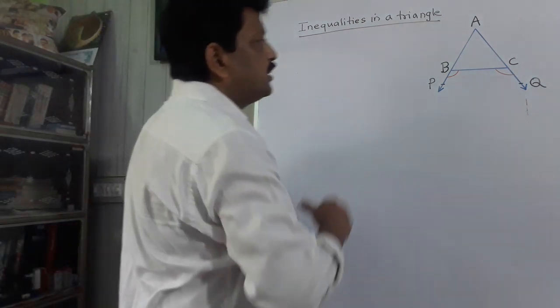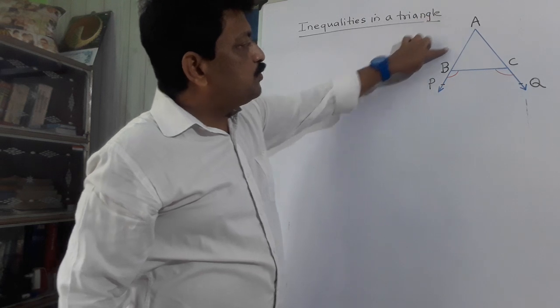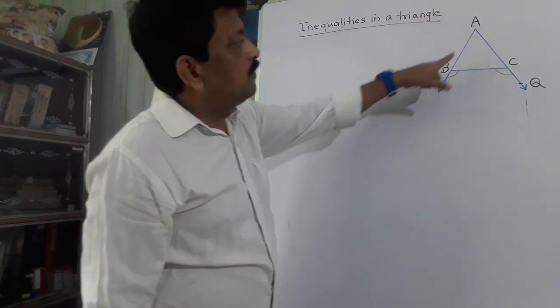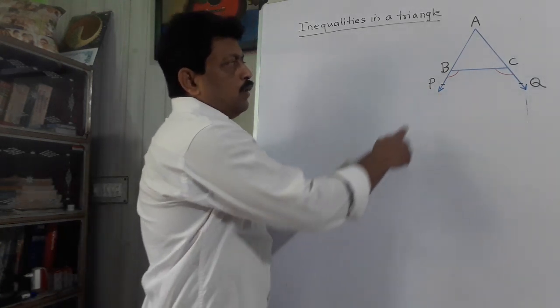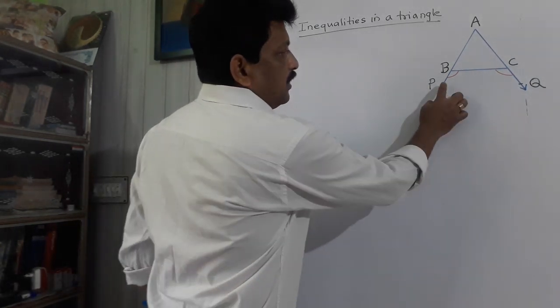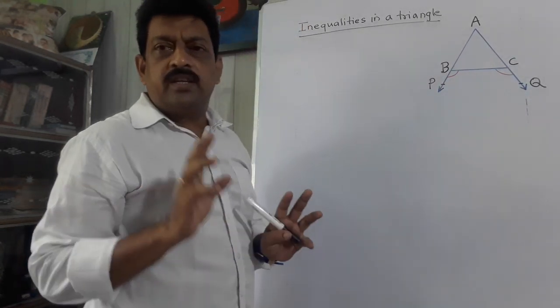So here the question given is ABC is a triangle and AB is produced to P. Similarly AC is produced to Q. Now we have got two exterior angles, angle PBC and angle QCB. These are two exterior angles.